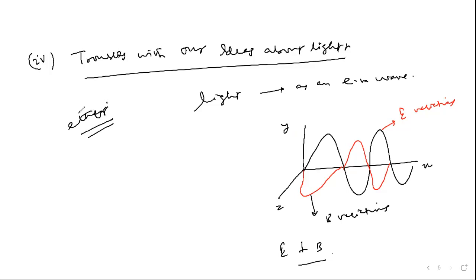That medium is called ether. So these electric and magnetic field variations exist as oscillations in this medium ether, right? So there were experiments conducted to measure the speed with which the earth moves through this medium.